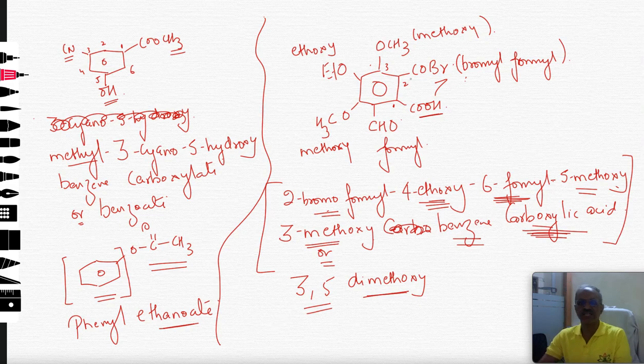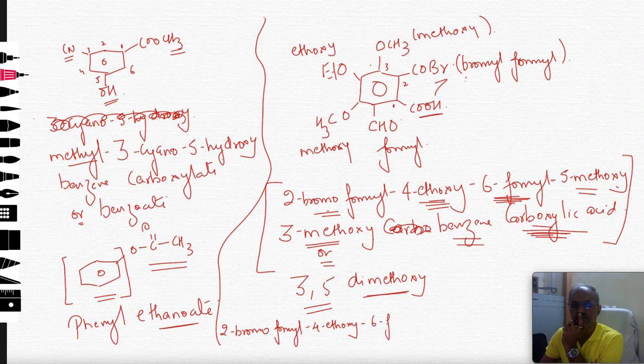So if this same compound comes in an exam, I'll write it once again: 2 bromoformyl, 4 ethoxy, 6 formyl, 3 5 dimethoxy benzene carboxylic acid.